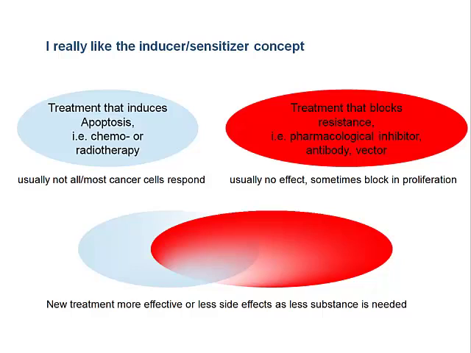Now, we take a second component, or third, fourth, and fifth, that sensitizes the cancer cells for apoptosis. So we use either an inhibitor, an antibody, or a vector that takes away the alteration in the cell which makes the cancer cell more resistant towards therapy. So we sensitize the cancer cell again for apoptosis.